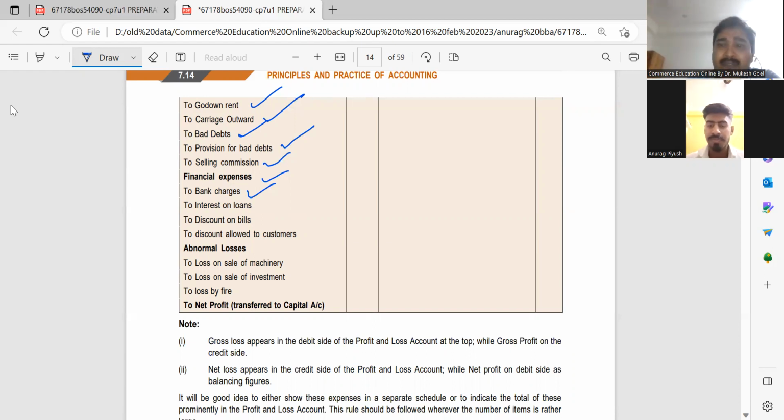There is a difference between check and bank draft. A check we can write for a person even if, in our bank account, the amount may or may not be there.